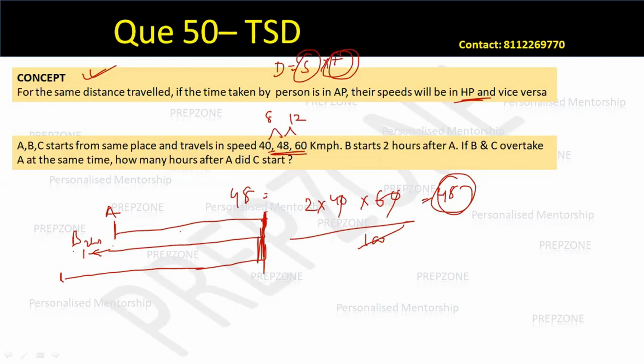I know that the times taken by A, B and C have to be in AP. If this is T, this is T plus 2, so this has to be T plus 4 hours, right? Which means it should have moved 2 hours after B or 4 hours after A. So the direct answer has to be 4 hours.